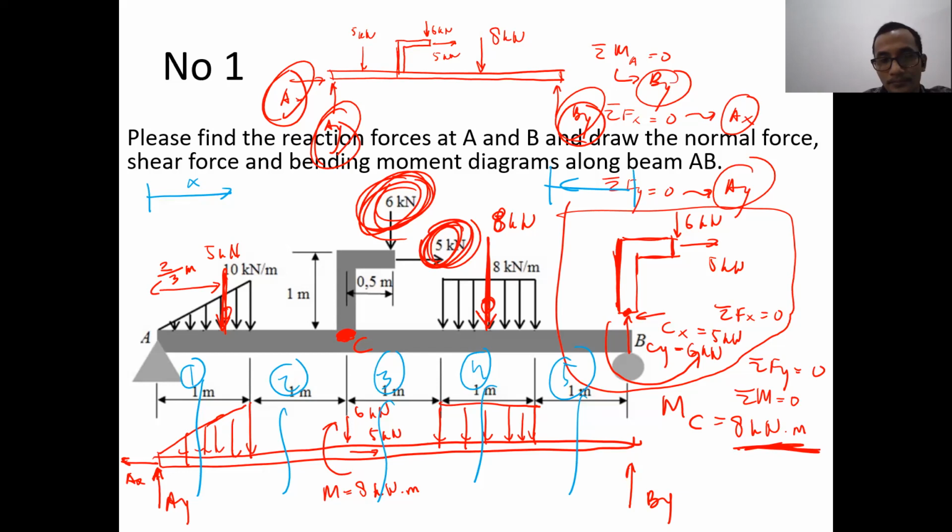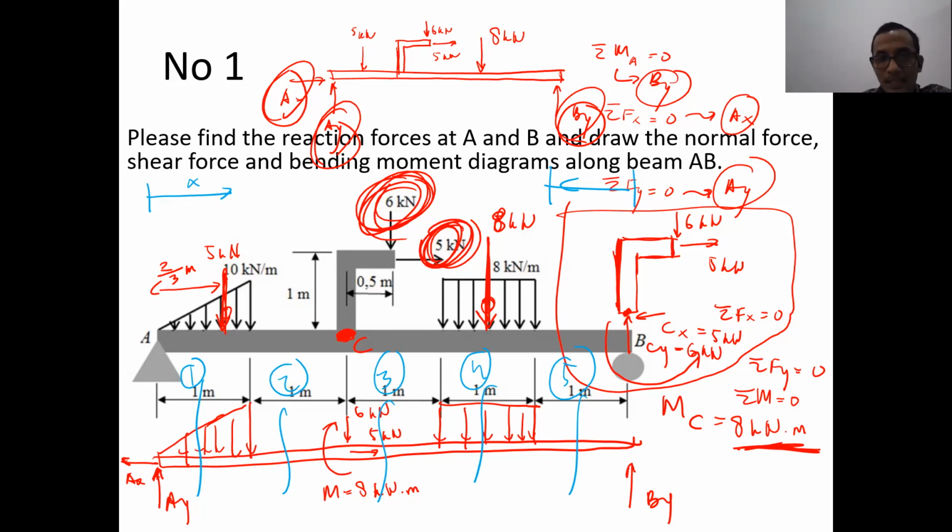Sir, also, when we are secluding with this method, the distance of the 6 kilonewton will be 2 meters from the left, calculating moment at the third section. It depends.